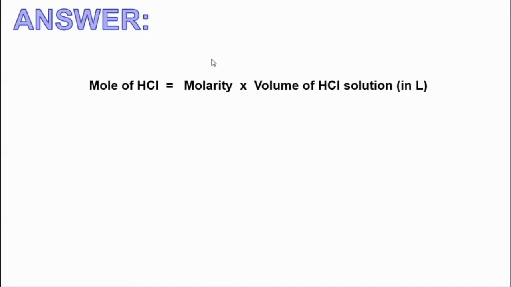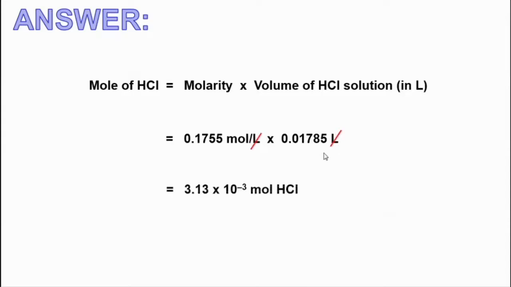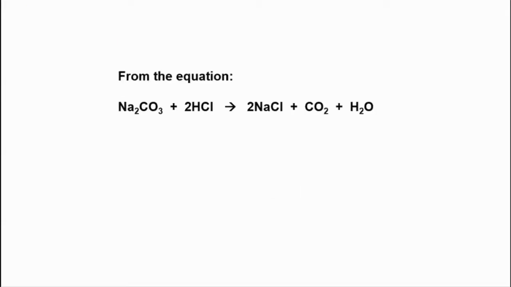Since the molarity was given together with the volume of acid in the question, we simply substitute these two values into this equation. 0.1755 molar times 0.01785 liters, and we are going to get 3.13 times 10 to the power of negative 3 mole of HCl, and remember, this is the amount of HCl that reacted with sodium carbonate.